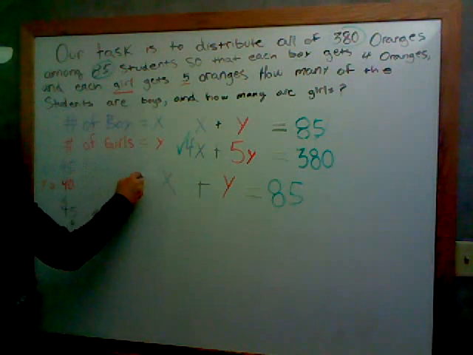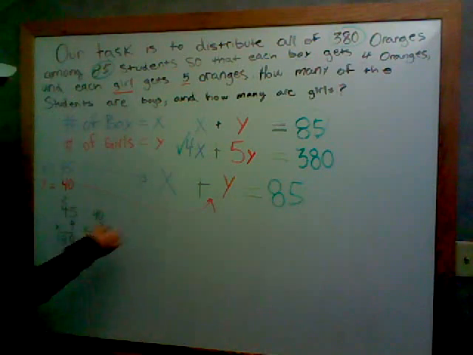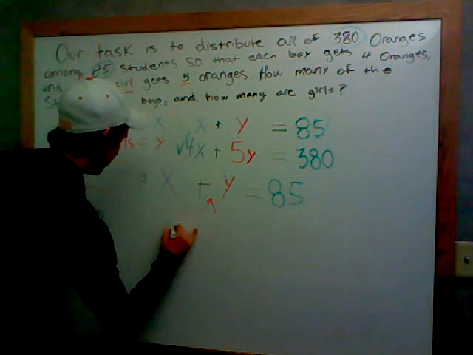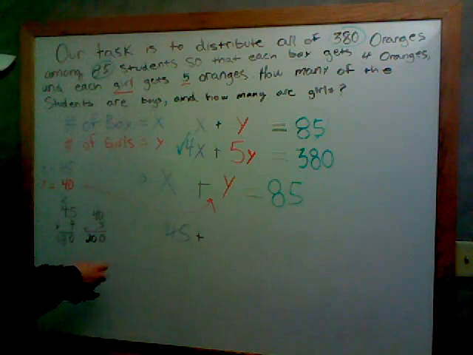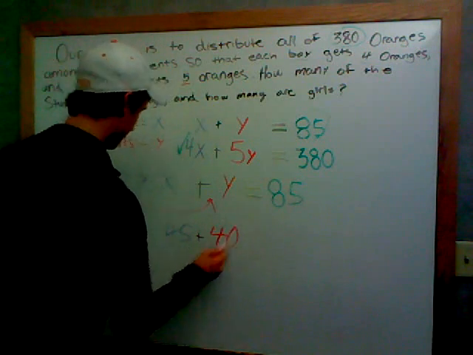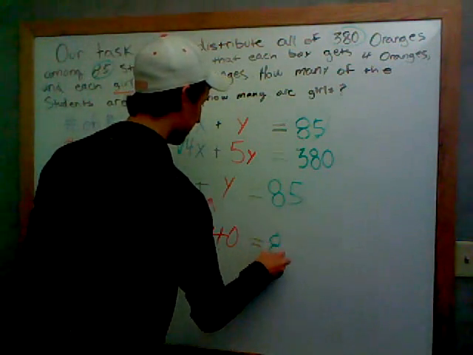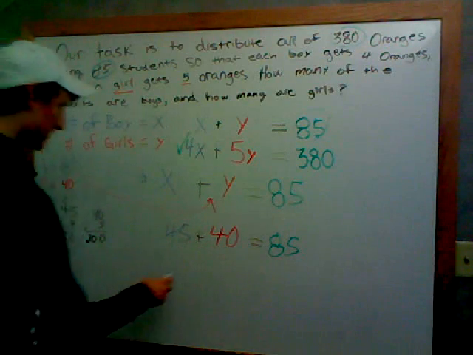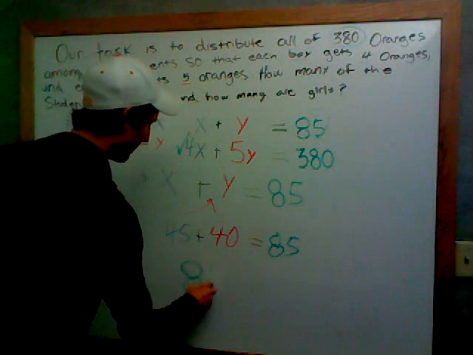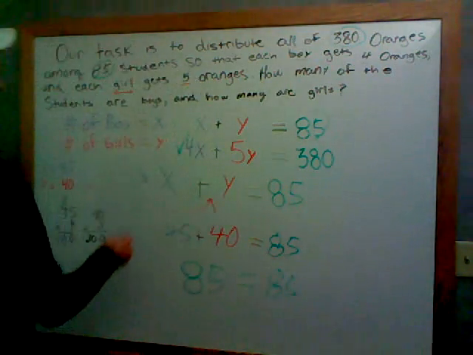Now we're just going to go back in and plug these into this equation and make sure that it all checks out here. x equals 45, y equals 40, and put together they should equal 85. 45 plus 40 equals, what do you know, 85. So that one checks out as well.